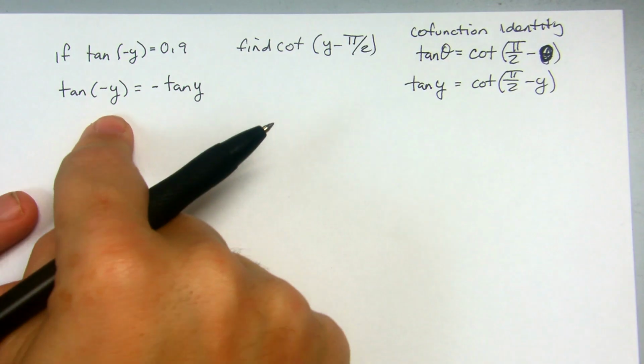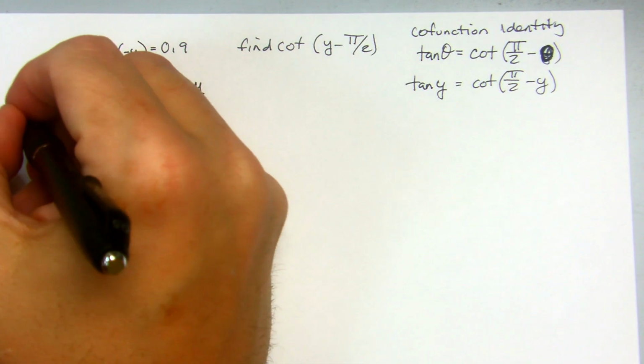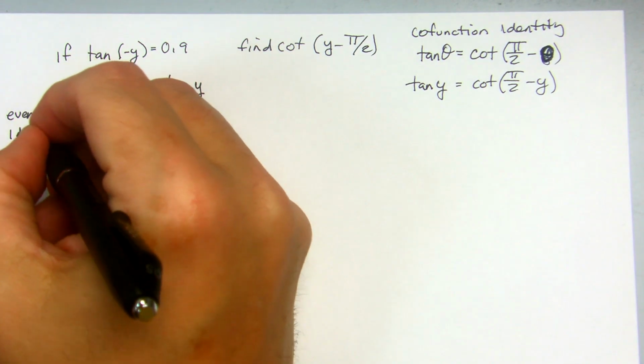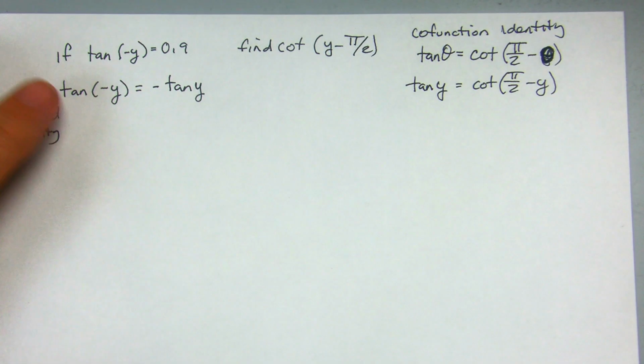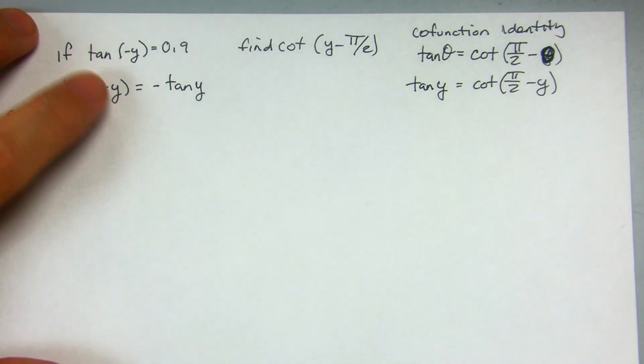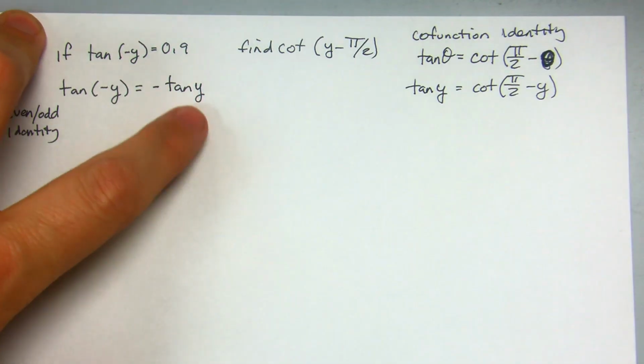That is your even odd identity. So you're going to want to hold all your even odds in your back pocket just because you're able to figure out a relation between those.